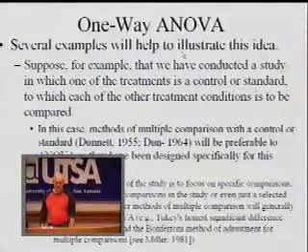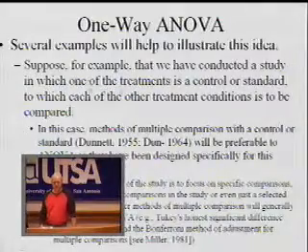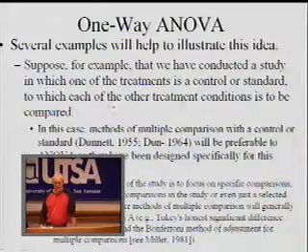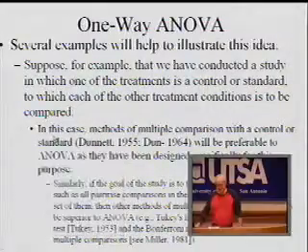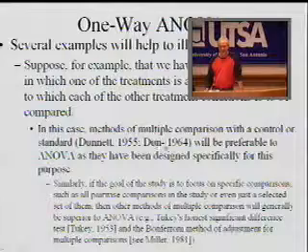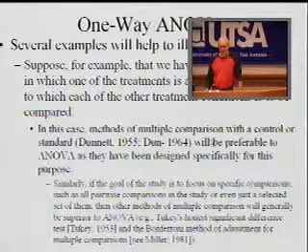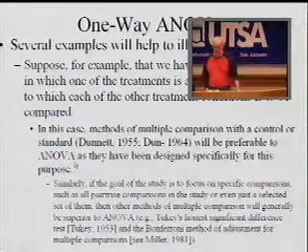There are several examples that will help to illustrate this idea. Suppose, for example, that we have conducted a study in which one of the treatments is a control or standard to which each of the other treatment groups is to be compared. In this case, multiple comparisons with a control or standard, here Dunnett and Dunn published this, will be preferable to ANOVA as they have been designed specifically for that particular type of purpose.